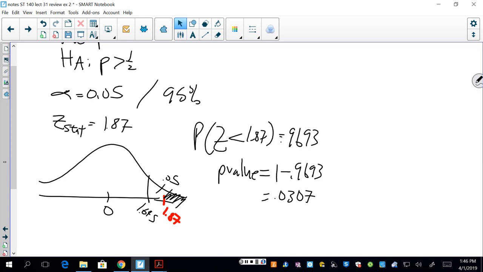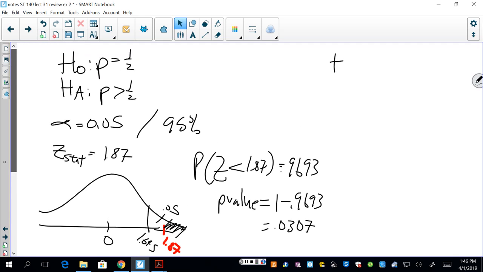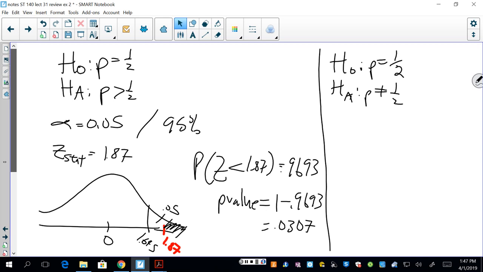Instead, say it's p equals 1/2 versus p not equal to 1/2, and you don't really know whether it's going to go positive or negative. So maybe you change the color, or you just change the background picture on your ad. You're not sure which one's more desirable, or if there's any difference. You still have a z-statistic of 1.87.